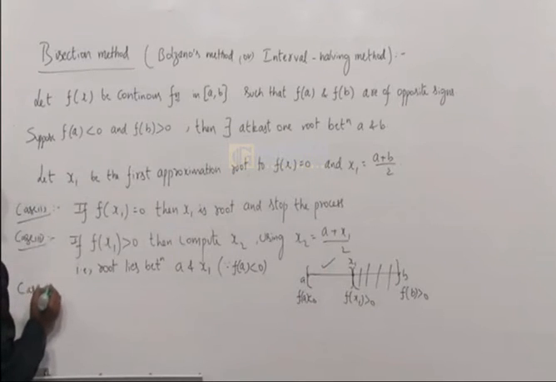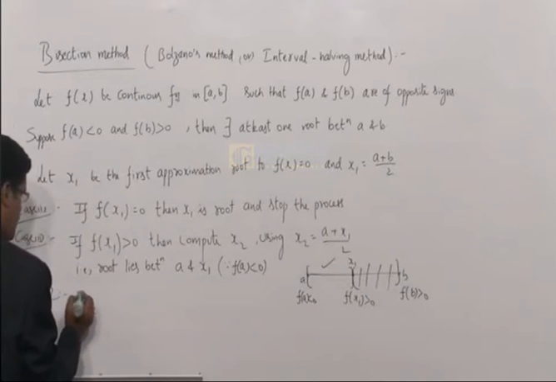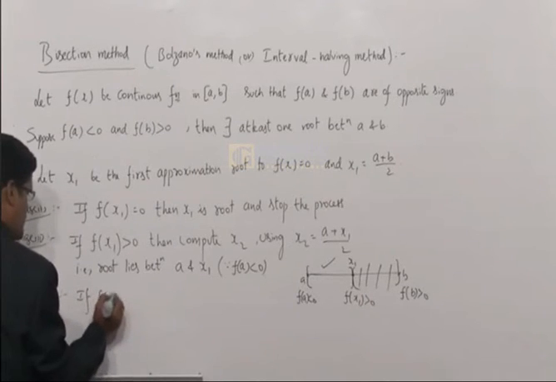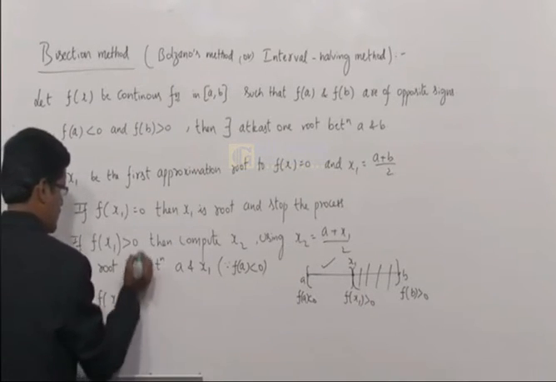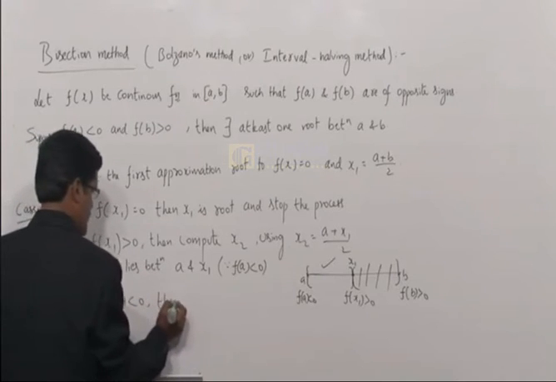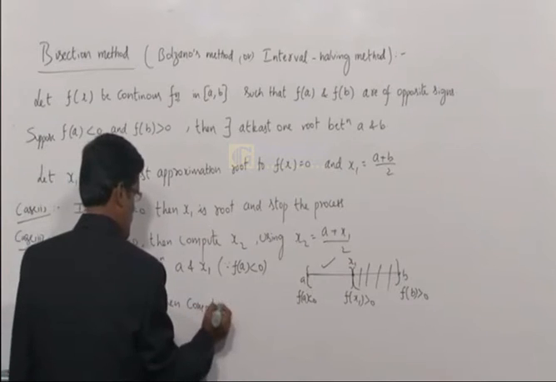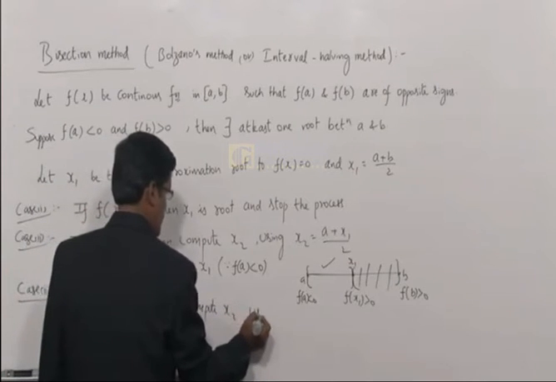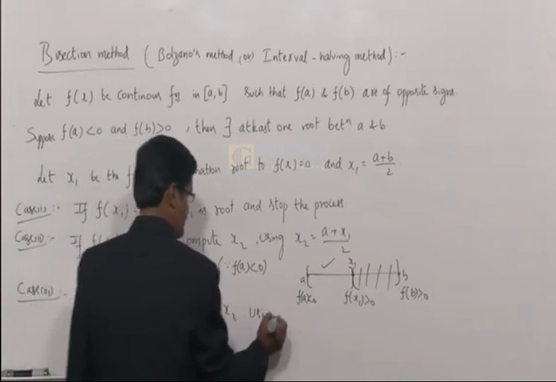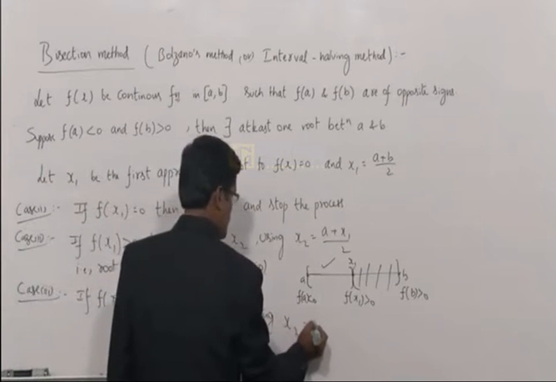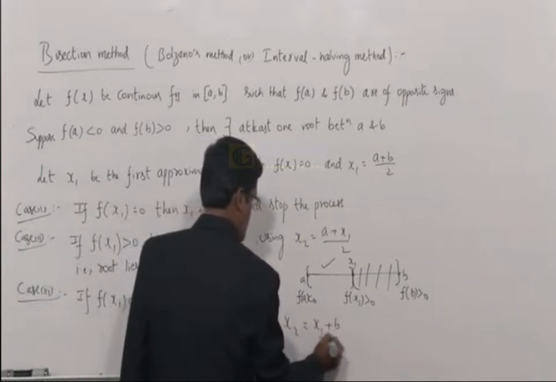Case 3. That is for understanding only the diagram. If f(x1) less than 0, then compute x2 using x2 is equal to (x1 plus b) by 2.